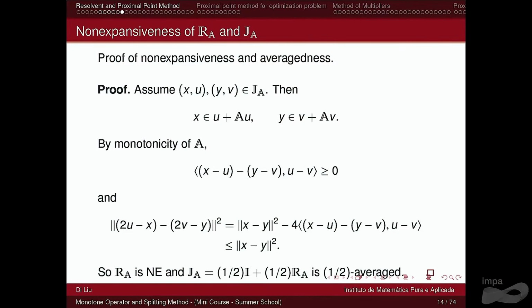We assume that (x, u) and (y, v) belong to the operator. When we say a pair belongs to the operator here, we mean it belongs to the graph of this operator. So we can get x belongs to u plus Au, and y belongs to v plus Av. I'll explain a little bit here. It's by definition.